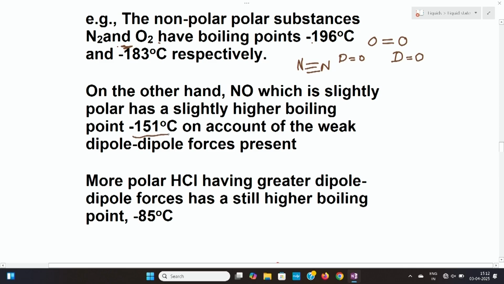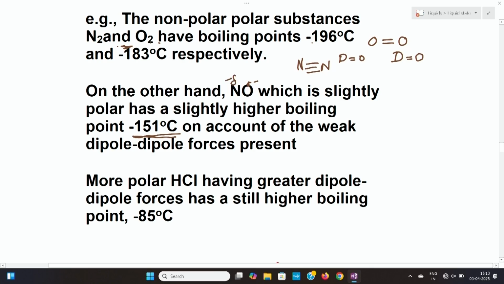NO definitely has a separation of charges, because oxygen has partial negative charge and nitrogen has partial positive charge, since oxygen is more electronegative than nitrogen. Since NO has separation of charges and a dipole, it is polar, and because of that it has a slight increase of boiling point compared with the non-polar molecules.